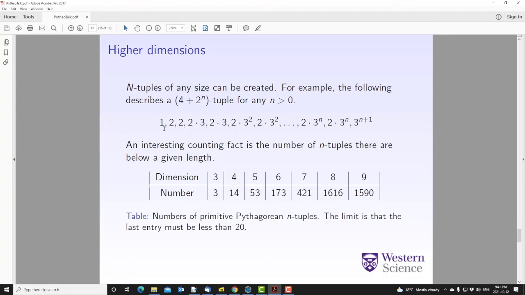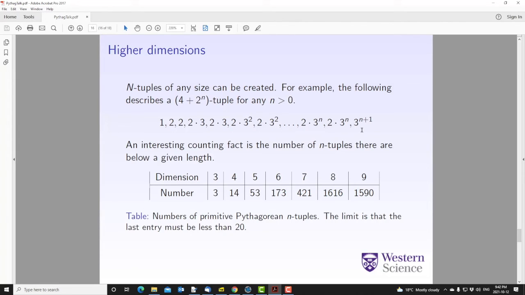We proceed as follows. 1, 2, 2: 1 squared plus 2 squared plus 2 squared is 3 squared, so that's 3. Then 3, 2 times 3, 2 times 3 is the quadruple 1, 2, 2, simply multiplied by 3. And then we have all of these together make 3 squared. And now we have 3 squared, 2 times 3 squared, 2 times 3 squared, and so on.